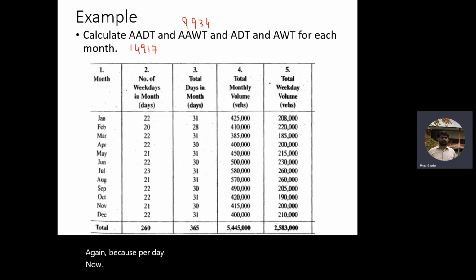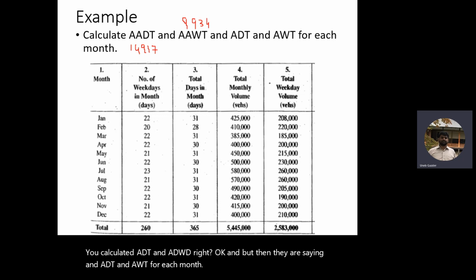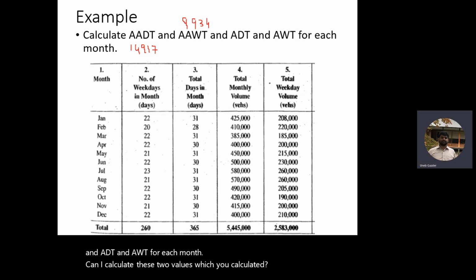Now for ADT and AWT. They are asking for ADT and AWT for each month. Can I calculate AADT and AAWT for each month? No, because it's annual.